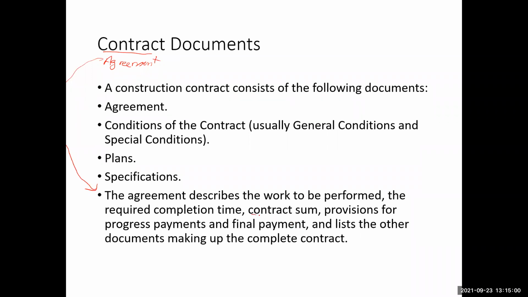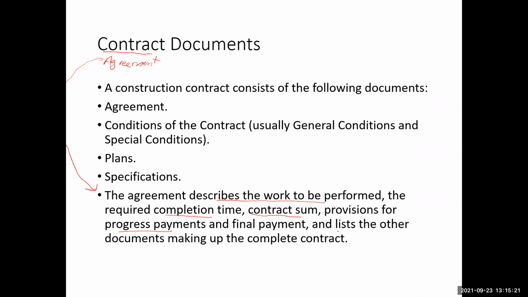So what is the contract sum, what is the completion time, what are the main works which are performed, what is the scope and the objective of the work, and what is the provision of the progress payments, at what intervals the payments will be made.